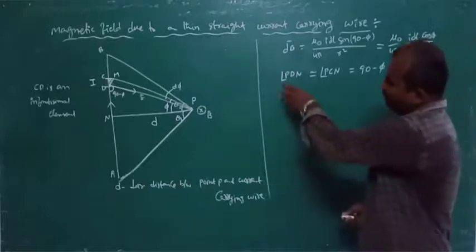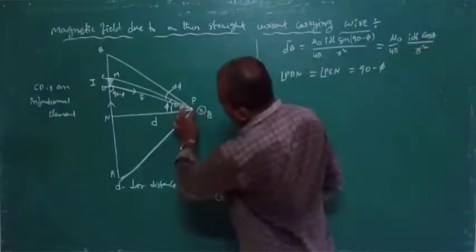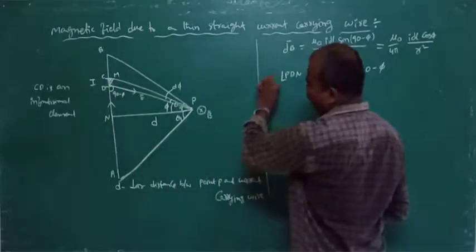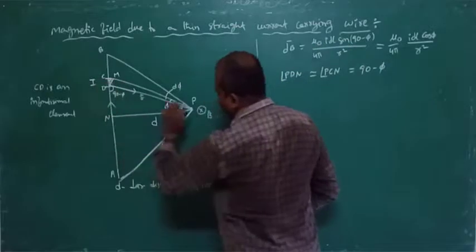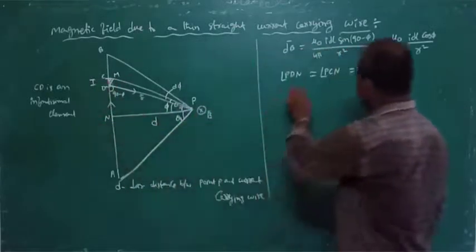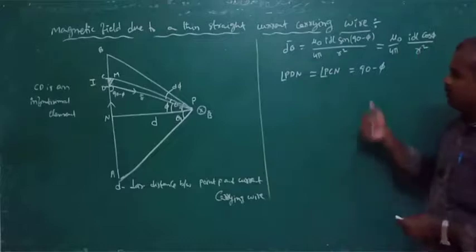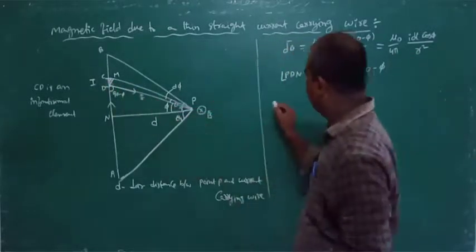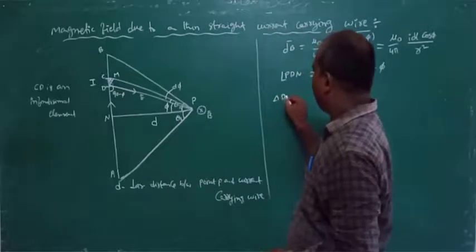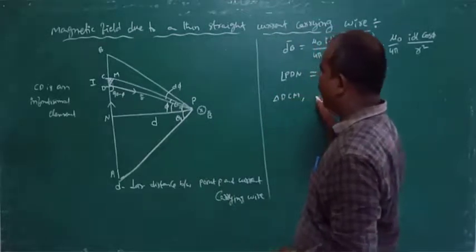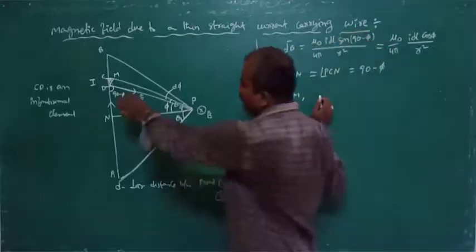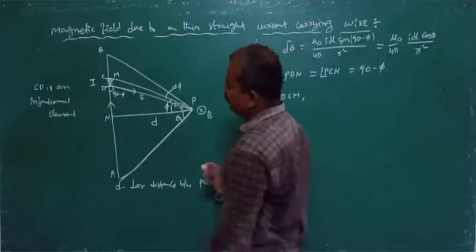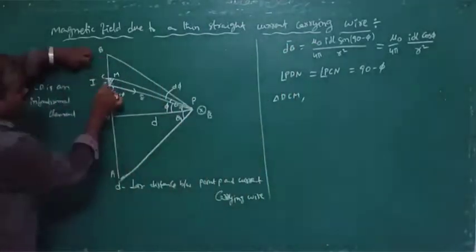Then we can write angle PDN and angle PCM are both equal to 90 minus φ. From triangle DCM, this is theta, and DC is the hypotenuse.